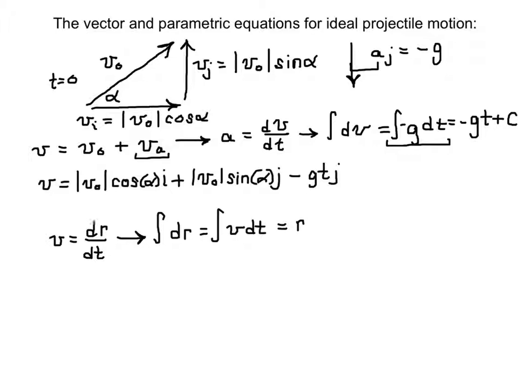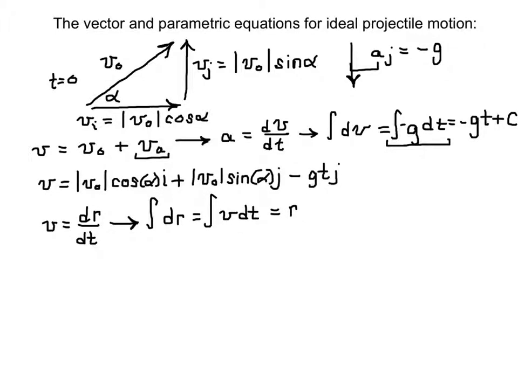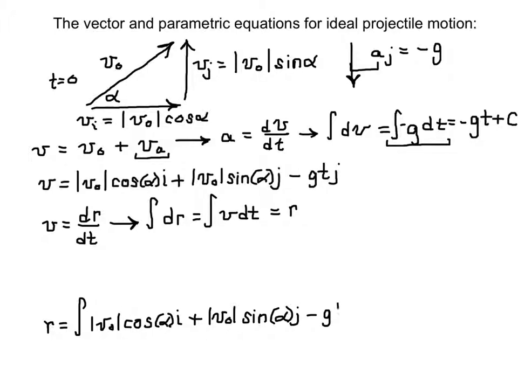So let's take this and move it up. We're going to say that our equation for distance is equal to the integral of the absolute value of our initial velocity times the cosine of alpha in the i direction, plus the absolute value of our initial velocity times the sine of alpha in the j direction, minus gravity times t in the j direction, and this will all be integrated with respect to time.